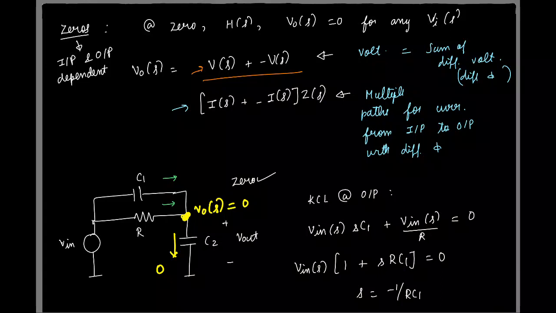Okay, so let me show you one other example. Here I apply the input at this point and take the output here. R2 and C. So again, I'm defining the output as the output of this node. So do you think there is a zero here or no?